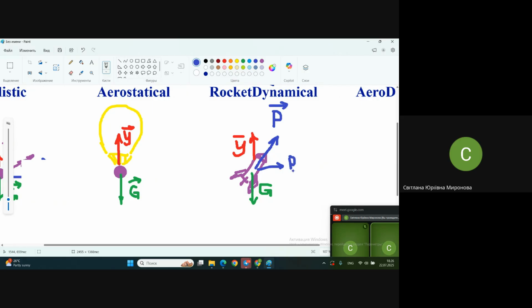Px, x is the drag, right? Sorry, Ph, horizontal. The horizontal component of the force is responsible for motion in the horizontal direction, and of course what happened once again, drag has appeared.